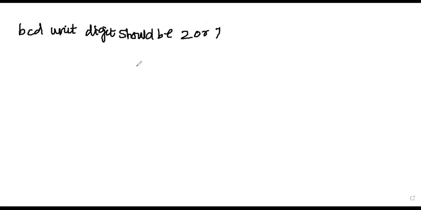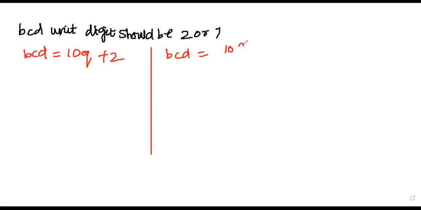So I can write BCD as 10Q plus 2, or BCD is equal to 10Q plus 7. What do you mean by 10Q? 10Q is nothing but just the tens place. So the tens place is 10Q here, and the unit digit is 2 or 7. So this is how I'm deriving the equations.